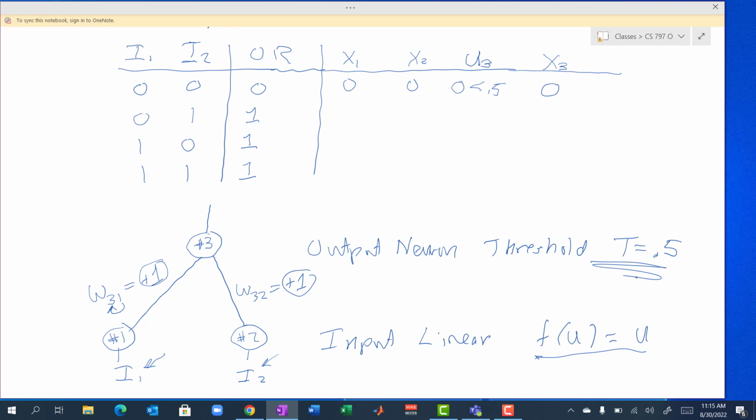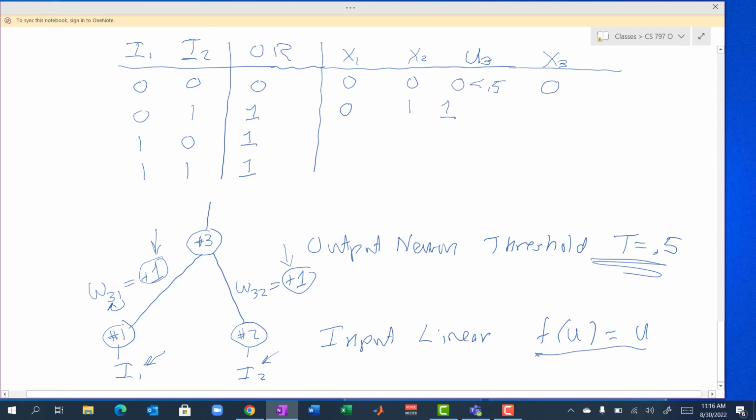Let's do the next input pair. So we're going to put in a 0 and a 1. So neuron 1 outputs a 0, neuron 2 outputs a 1. And then we take 0 times 1 plus 1 times 1 and add those together, and we get a net input of 1, and that's greater than the threshold, and so that neuron fires.